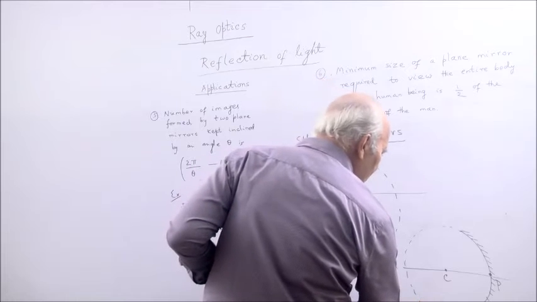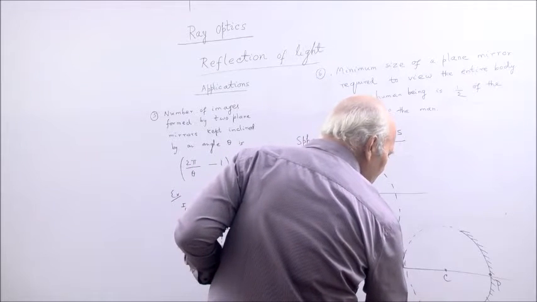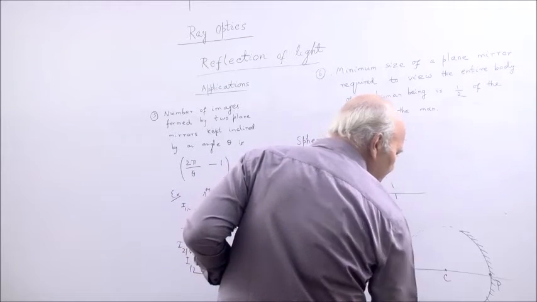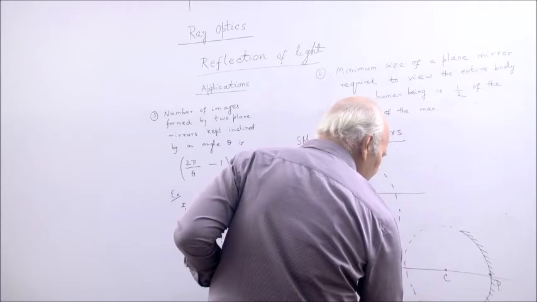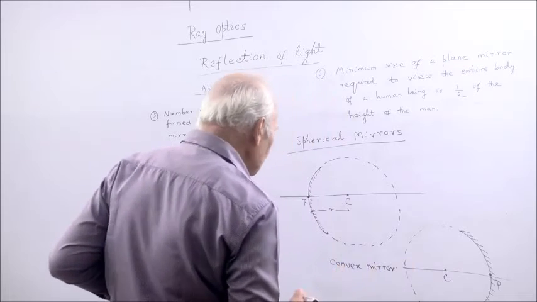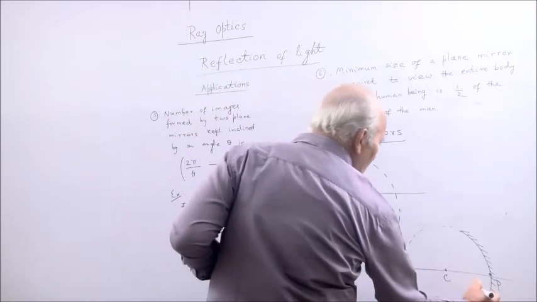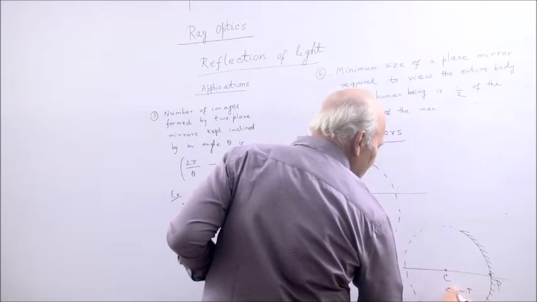So, this type of thing is called concave mirror. Concave mirror. Then again this is also R, radius of curvature.